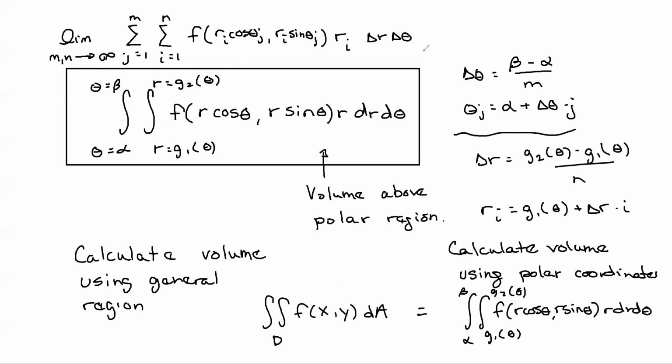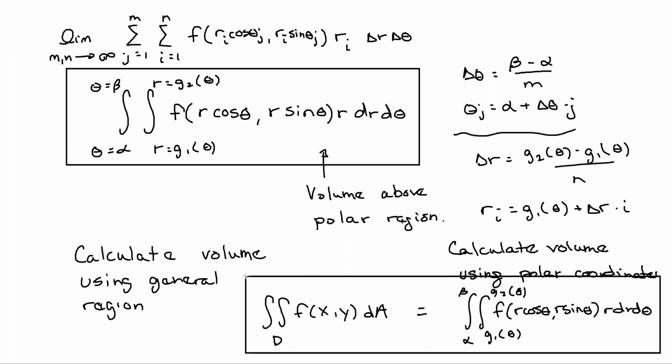So this formula is just as important as the one above that came out of the derivation. We're going to use this one a lot. Okay, and we're going to call this the conversion from rectangular to polar formula.